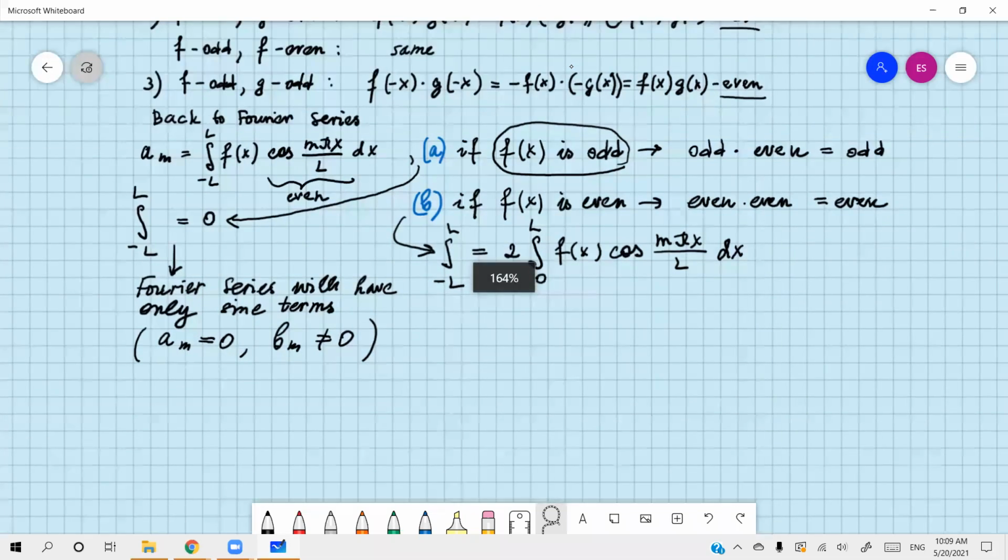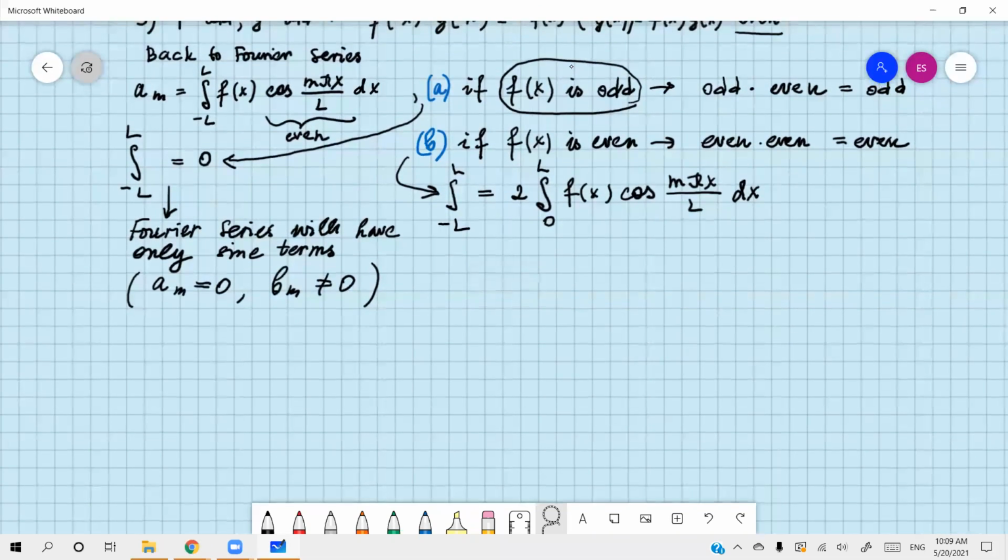Let's consider what is going to happen if the function is even or odd for the sine coefficients. Maybe I should write summary for cosine coefficients first and then kind of finish this. Give me a second, guys. Okay. So let's finish this case.